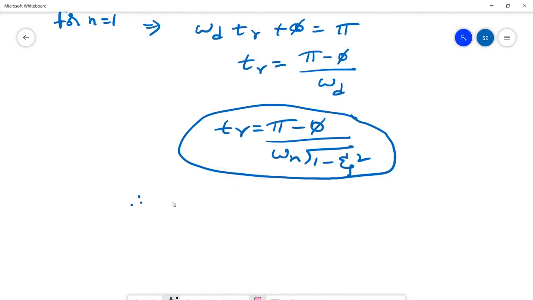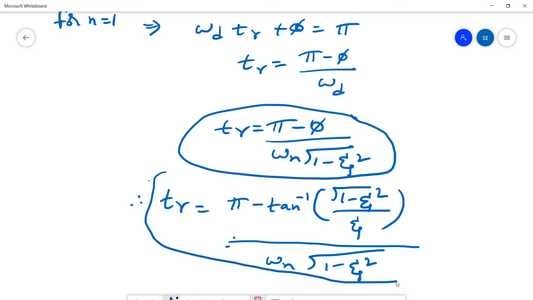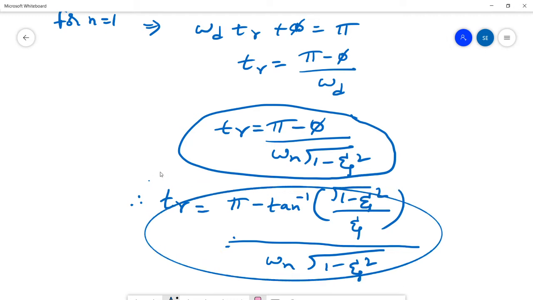Therefore, Tr will be equal to pi minus tan inverse of root of 1 minus zeta square by zeta, whole divided by omega n root of 1 minus zeta square. This is the final expression you will get for Tr.